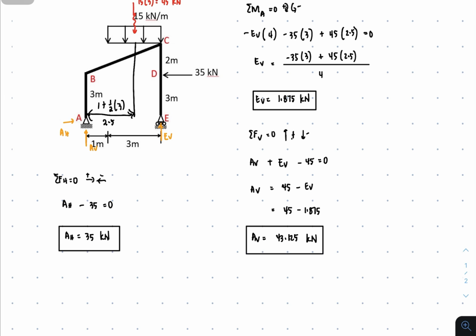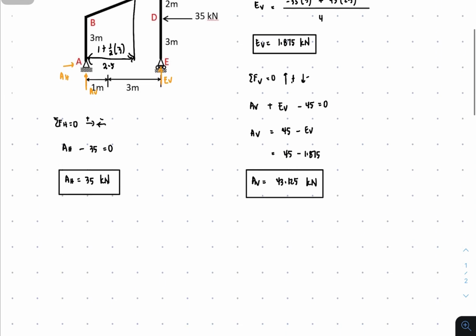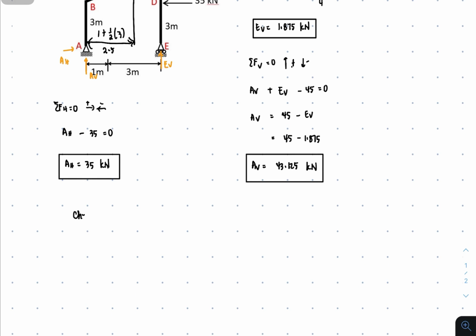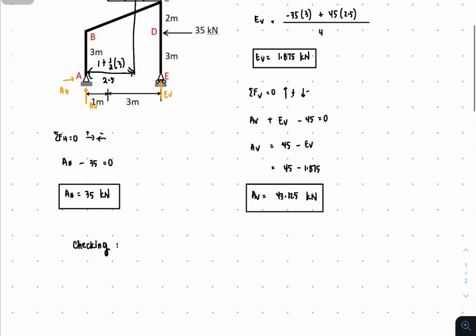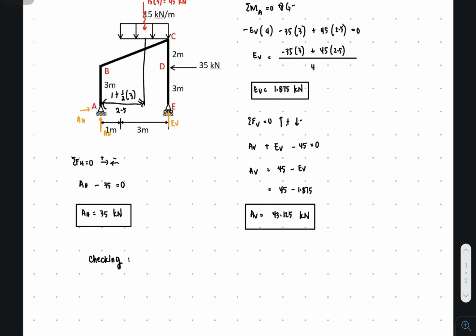Okay, so we can actually have the checking. So just in case you're not sure, but make sure that it's right. So let's do the checking by having the summation of moment about point E. Since we're through with point A, then it's going to be now on the next point of reaction or support.